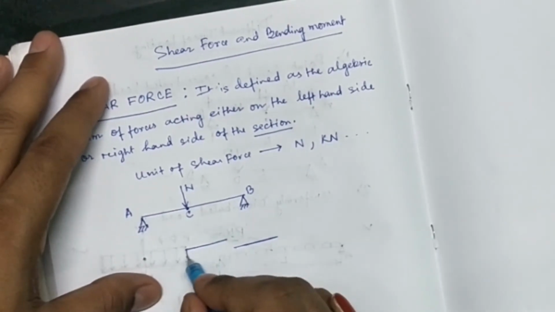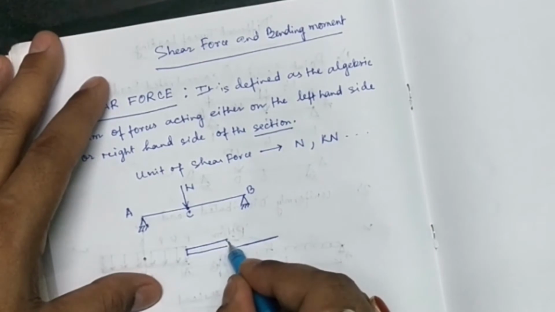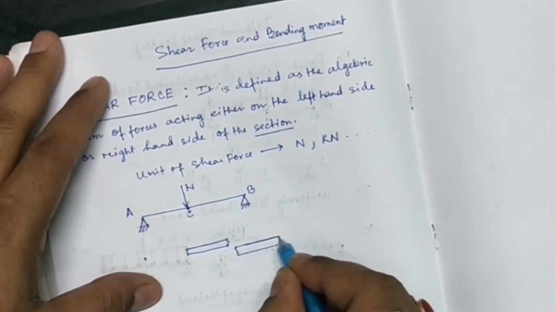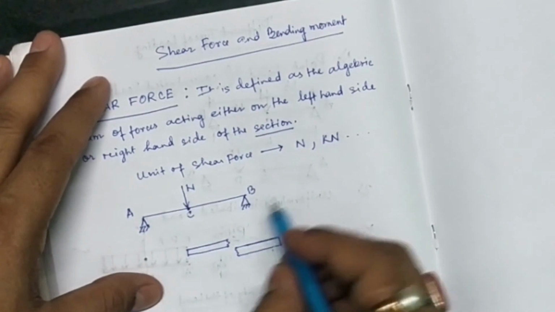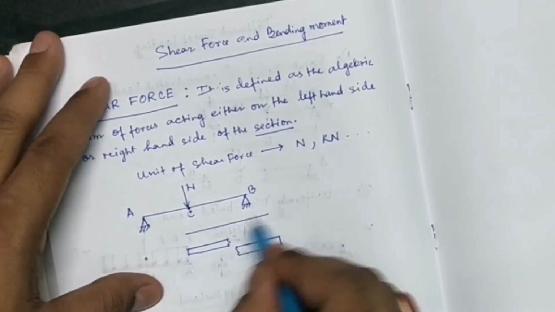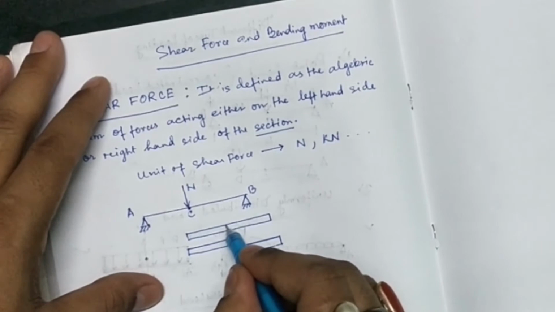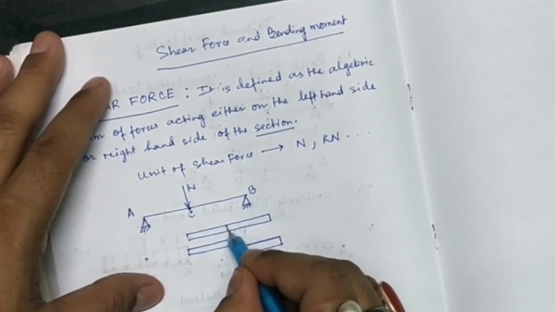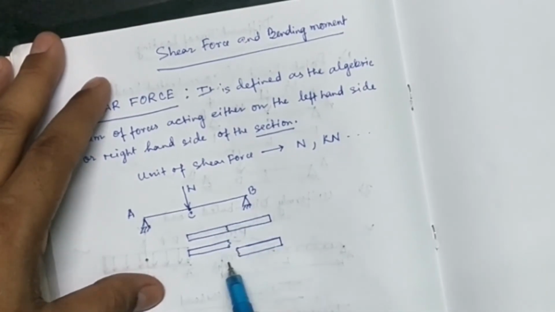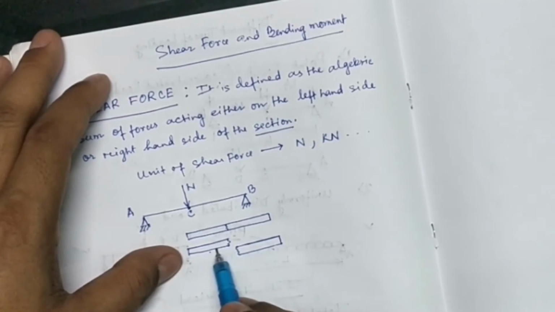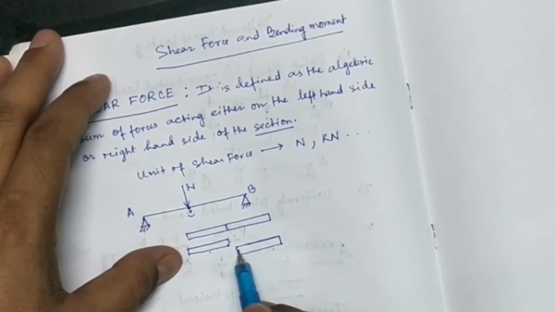Let us draw it nicely. This is the breaking portion. Initially the beam looked like this, and due to the action of some force the beam tends to break at a particular section, and afterwards the beam has been divided into two parts due to the shearing action.